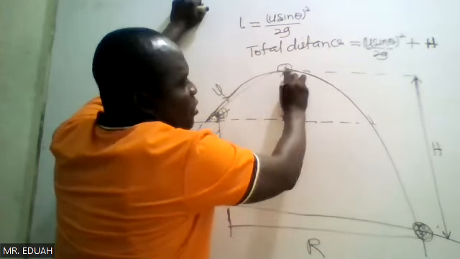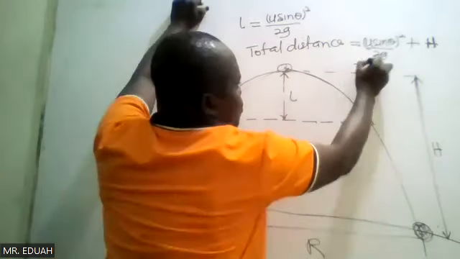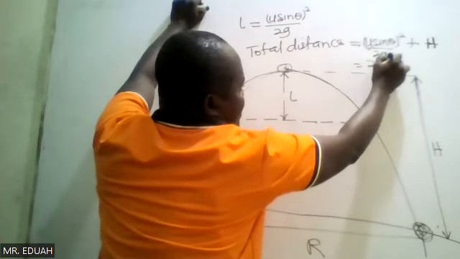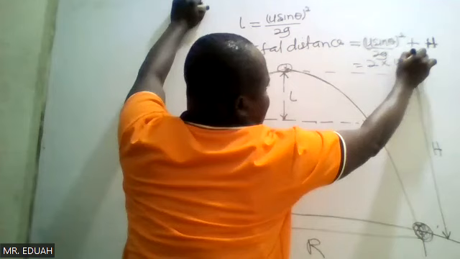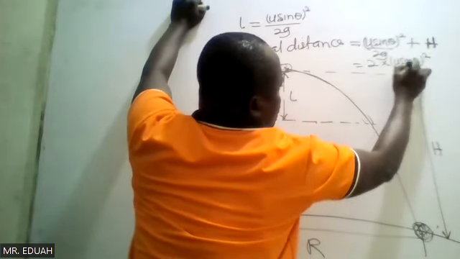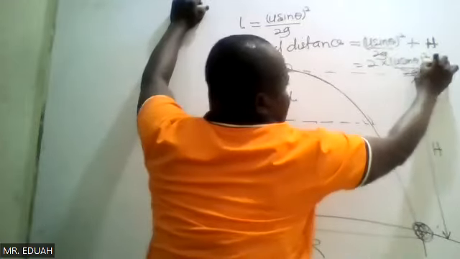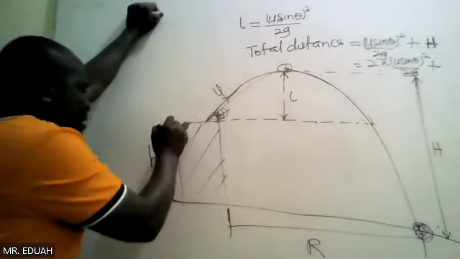It will also move from that height to this level, so 2 times this, 2 times u sine theta all squared over 2g, plus from here to here is the height of the tower, which is given.